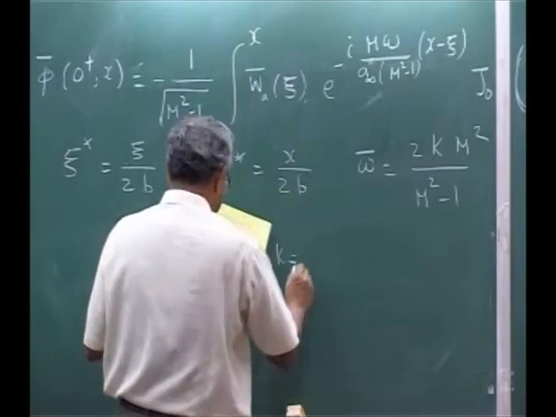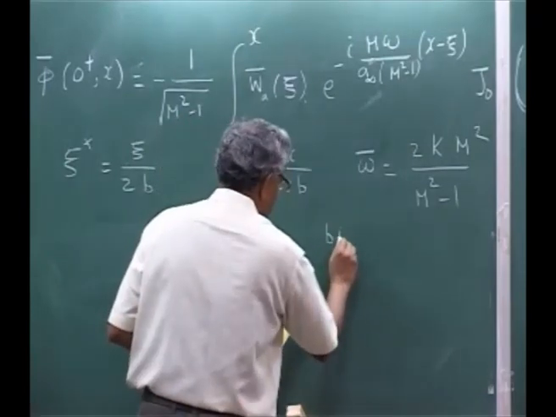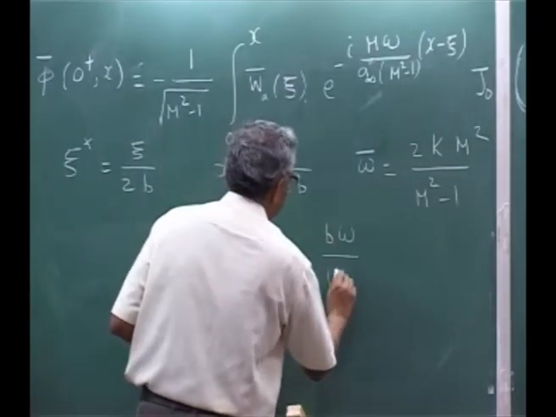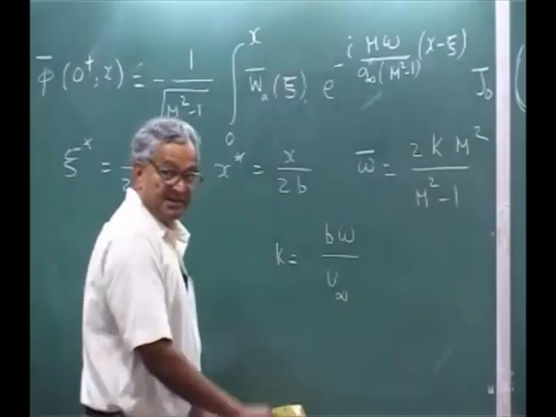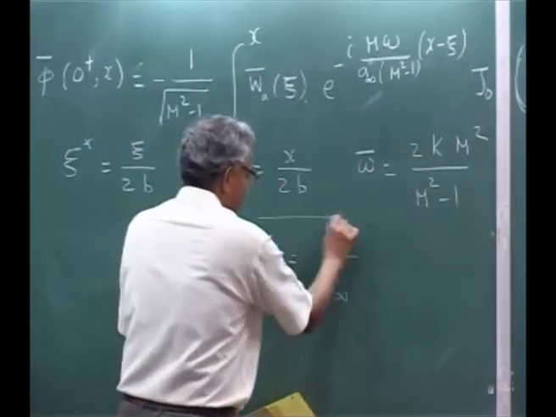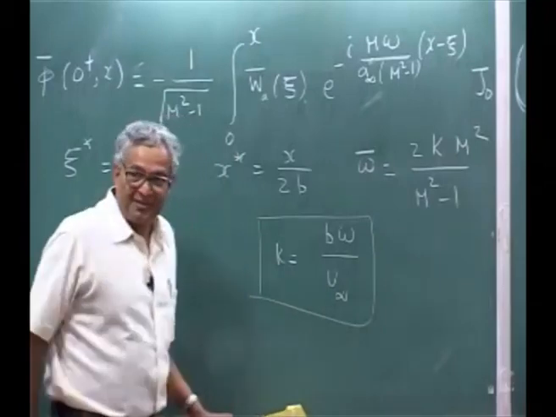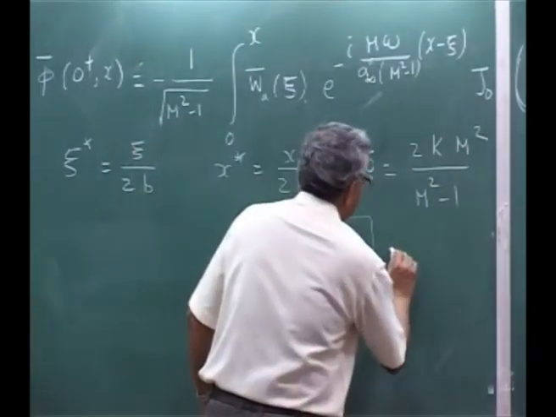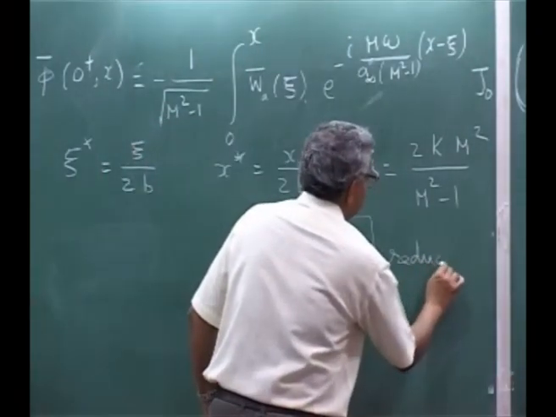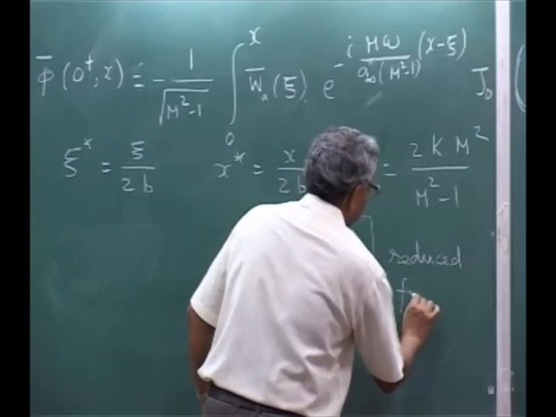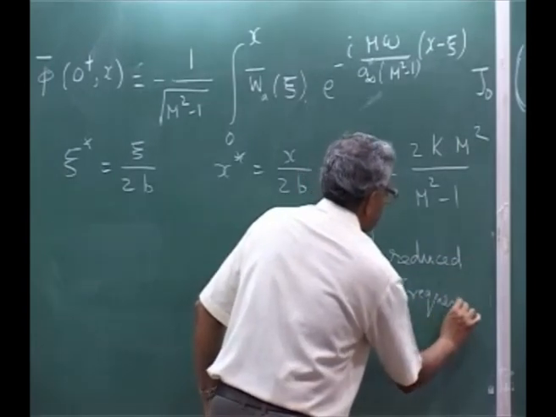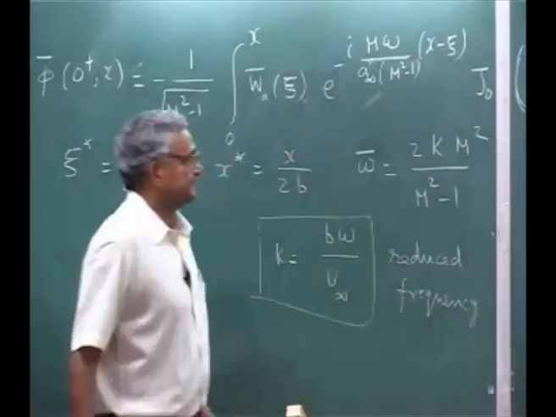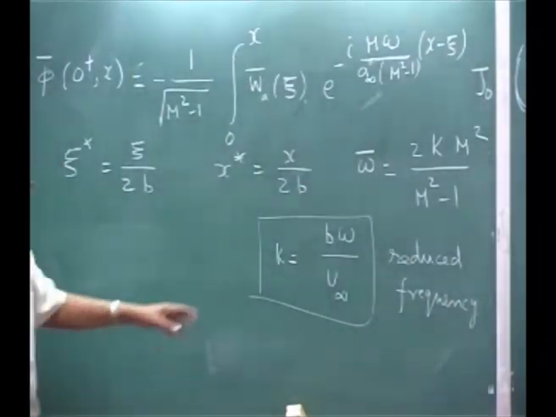K is b omega over u infinity. This is a non-dimensional parameter which is called reduced frequency.